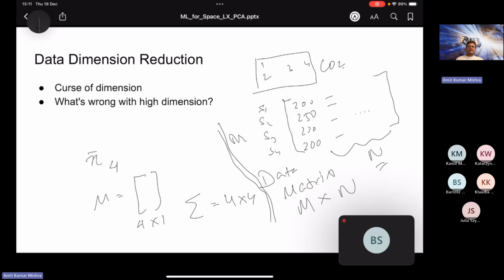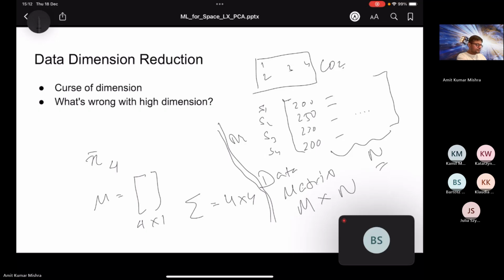And that is why it gets complicated in terms of memory, in terms of computation, because most processes in statistical signal processing will involve the covariance matrix. Hence, the bigger the dimension, just dealing with things in signal processing or data processing gets much more complicated. Number one.